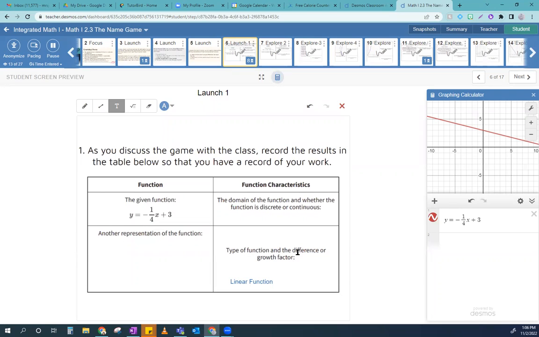Well, difference means like when I make a table of these values, it's a constant difference versus it being a growth factor. Does that make sense? Okay. So what does this one have? Does this one have a growth factor or a difference?